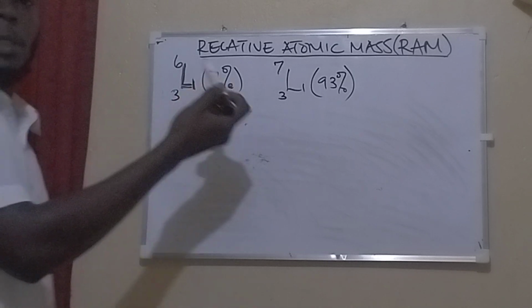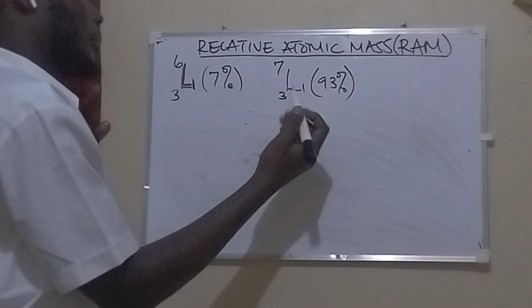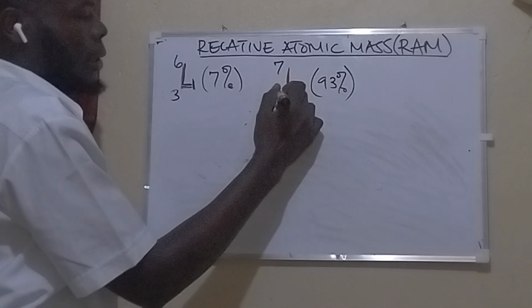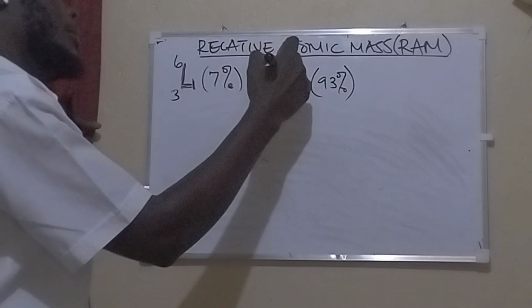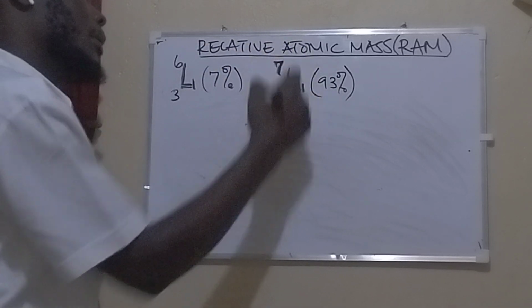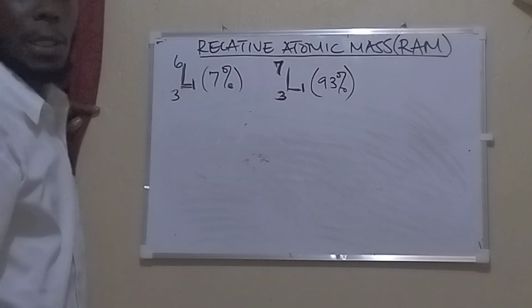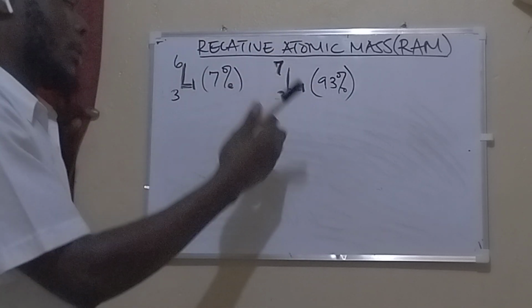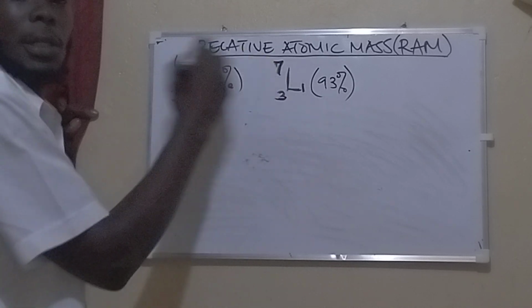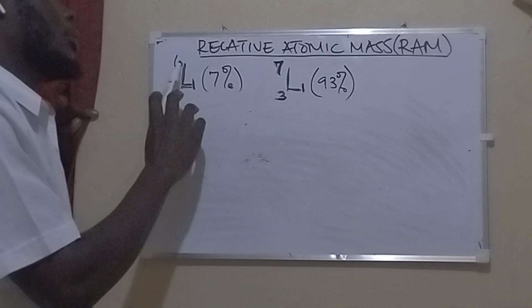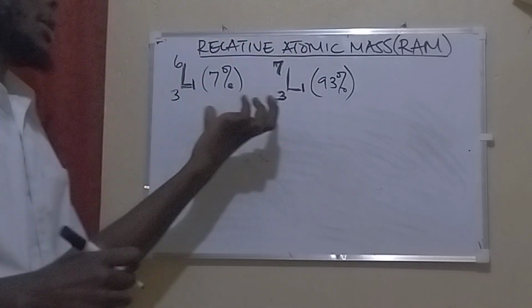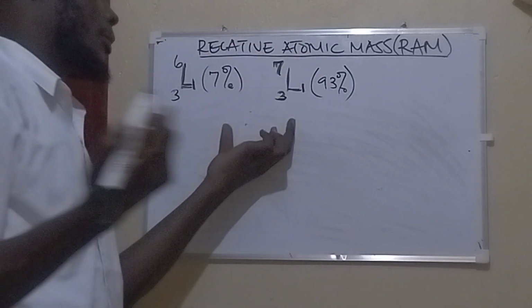This one is the percentage abundance. Then another atom of lithium, here it has an atomic number of 3, mass number 7, and percentage abundance 93%. These two have the same atomic number but different mass number due to the difference in the number of neutrons. So we say these are called isotopes.